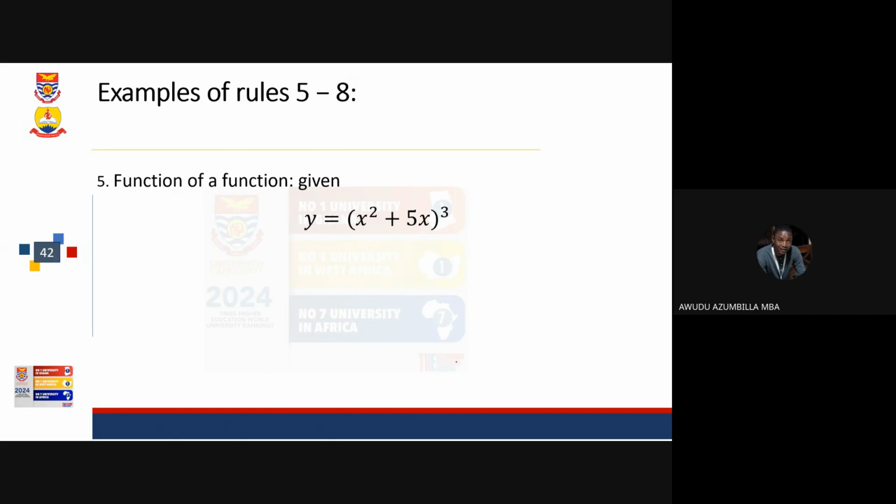So let's look at the example of the chain rule. A function within a function.